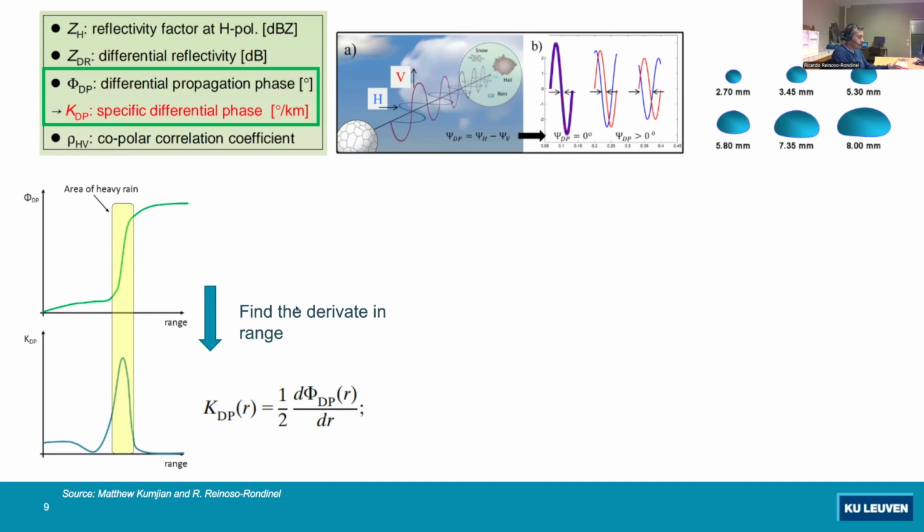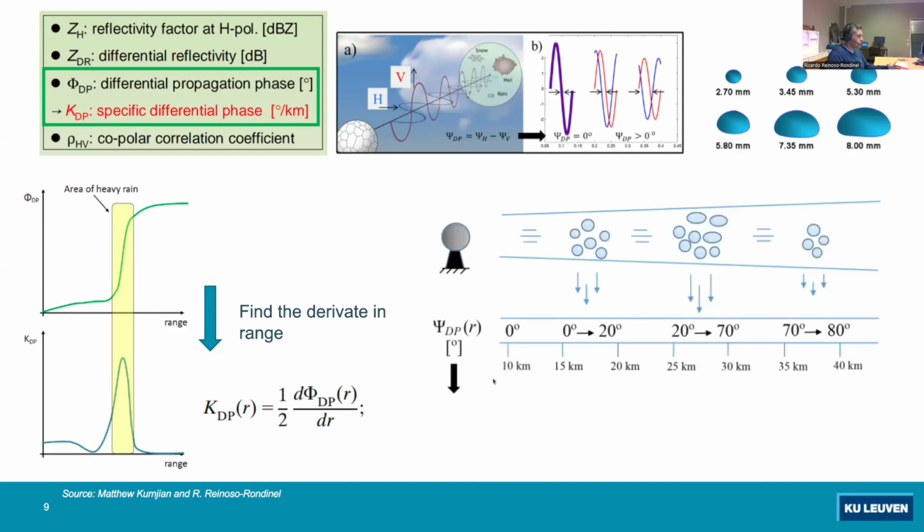As a quick example, this is the path along the beam of the radar. And then you see the differential phase. I will explain the difference in notation later on, but let's assume this is the same differential phase I was talking about. For the first 10 kilometers, there's no difference, because there's nothing in between, so the difference between the two phases is 0 degrees.